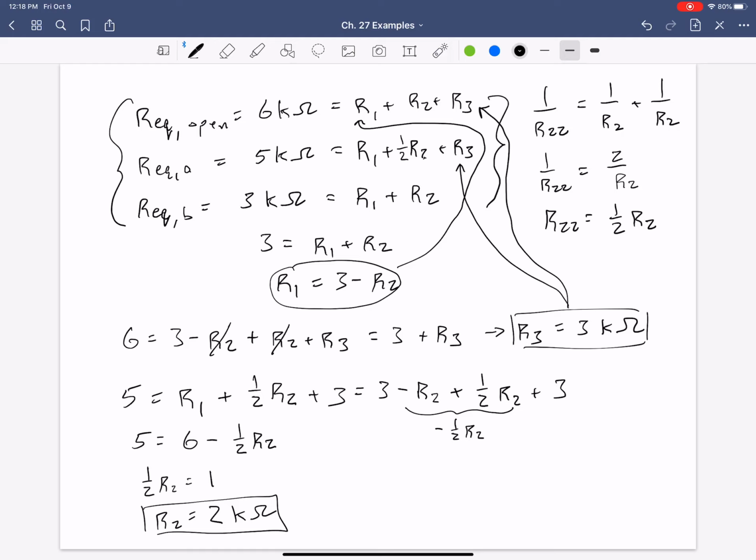Okay, so now we have 2 out of the 3. We can plug this value into our third equation, and thus we have 3 equals R1 plus 2, and R1 equals 1 kiloohm. All right, and thus we found the actual resistance values for all 3 resistors.